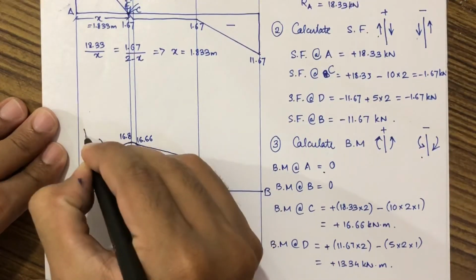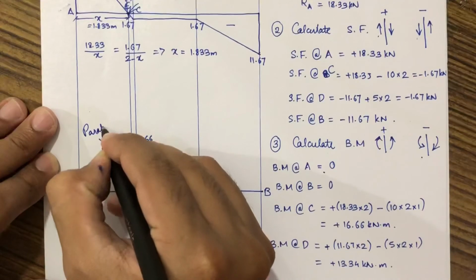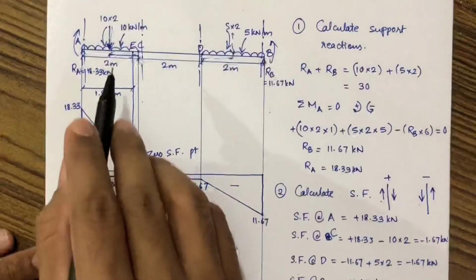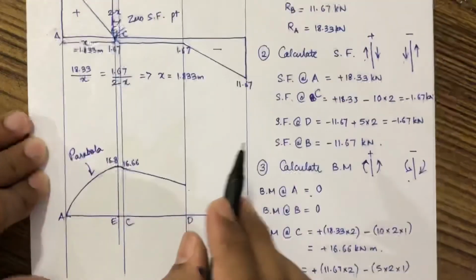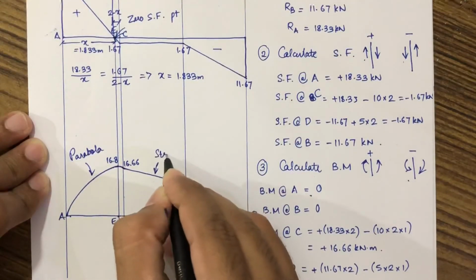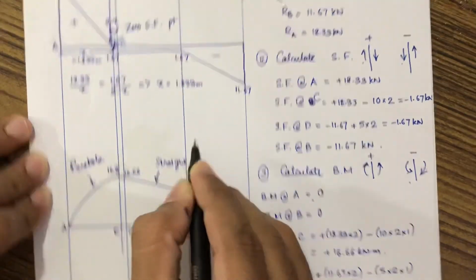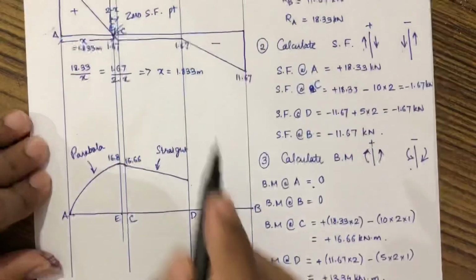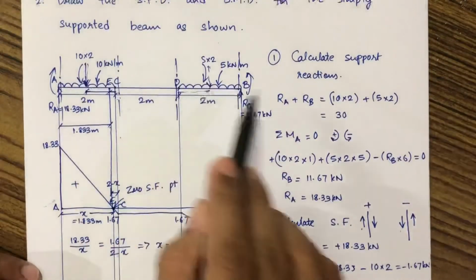Please keep in mind that this is a parabola, as here a UDL is there, and this is a straight line as there are no forces between C and D. Okay. Again between D and B there is a UDL.